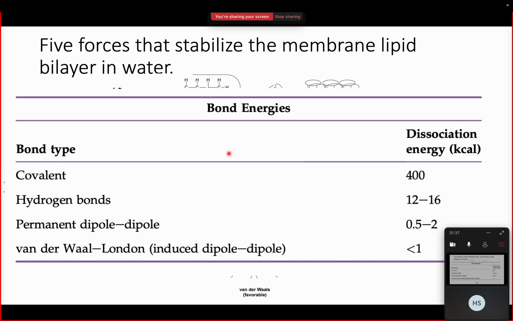One covalent bond requires a lot of energy to be dissociated, while if we combine a lot of van der Waals or weak intermolecular interactions, though the individual bond energy is very small, if we increase the number of such interactions, the system actually becomes stable. I hope it is clear to you guys.